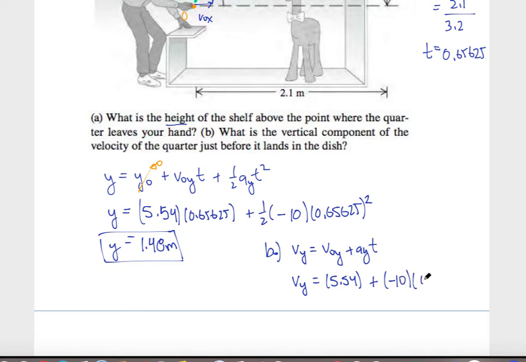And we know the time in the air to be 0.65625 seconds. So our y velocity just before it lands in the dish should be -1, and that's actually -1 to the 100th place, meters per second. And that's all there is to this problem.